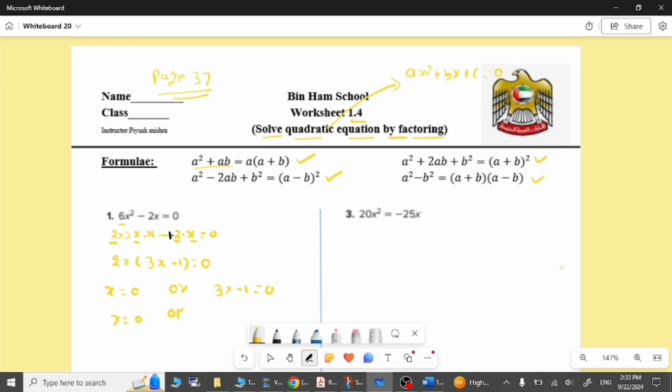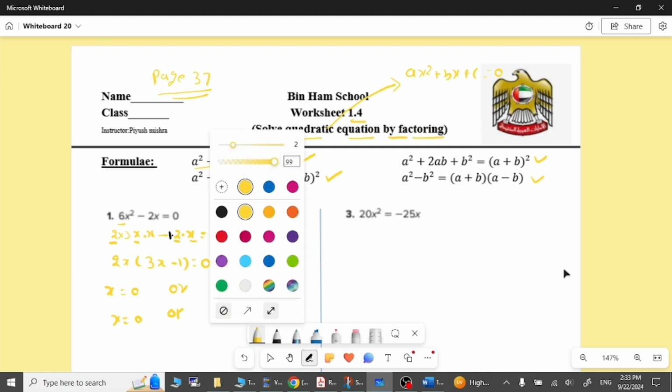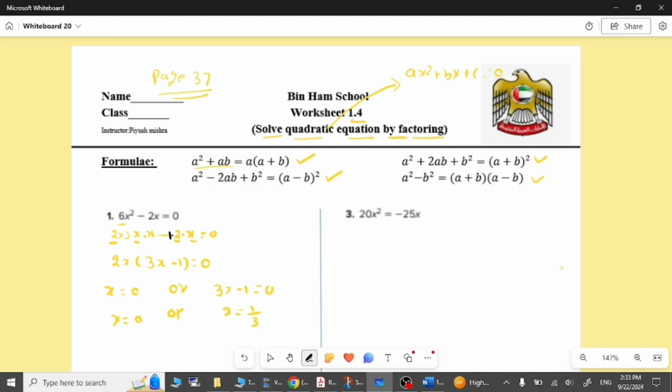Here if you solve it, you get x is equal to 1 by 3. So I have two solutions now. x is equal to 1 by 3 is one root and x is equal to 0 is another root.